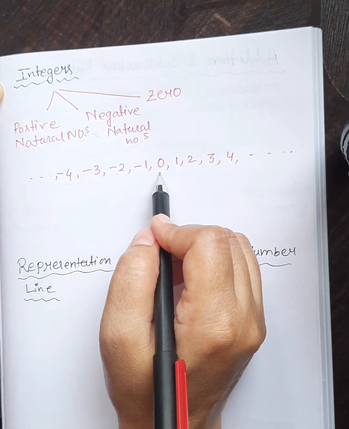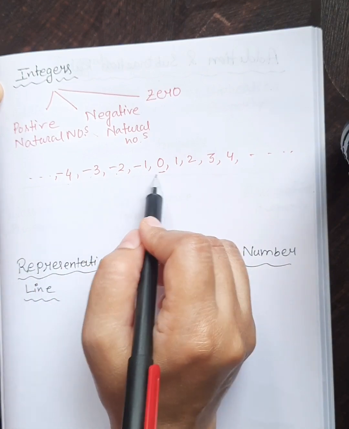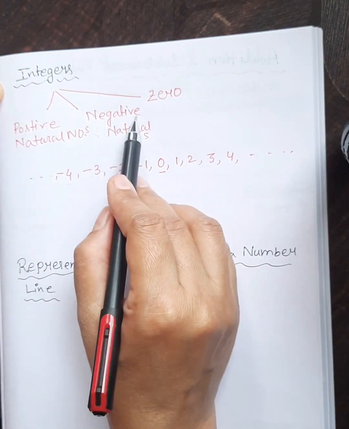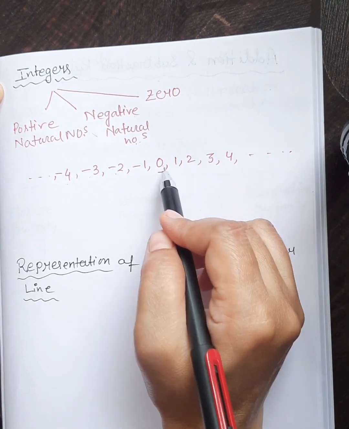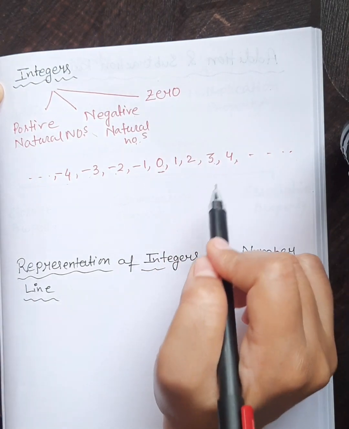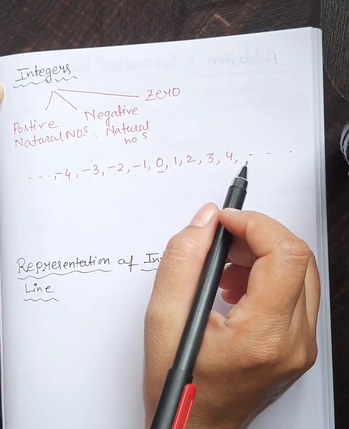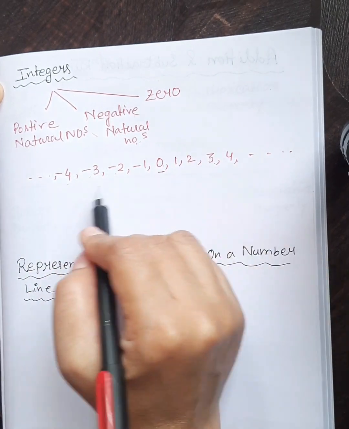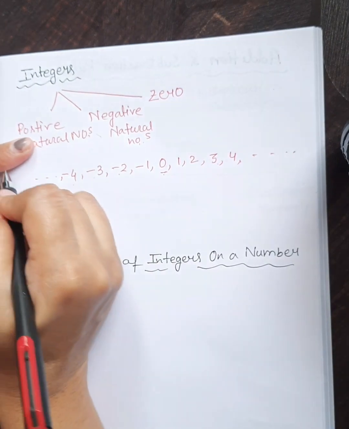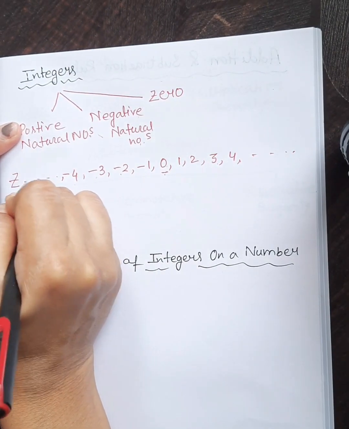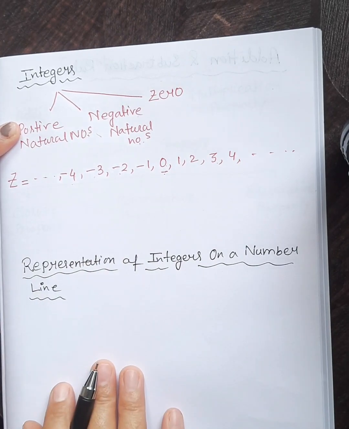That means the left side of 0, all numbers are called negative natural numbers. And the right side of 0, 1, 2, 3, 4, are called positive natural numbers. This collection of positive and negative natural numbers including 0 is called integers. Integers are denoted by capital Z. Clear?